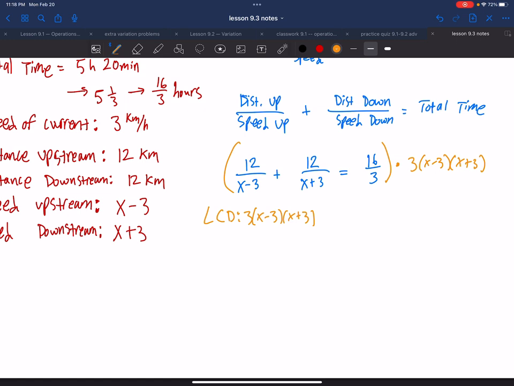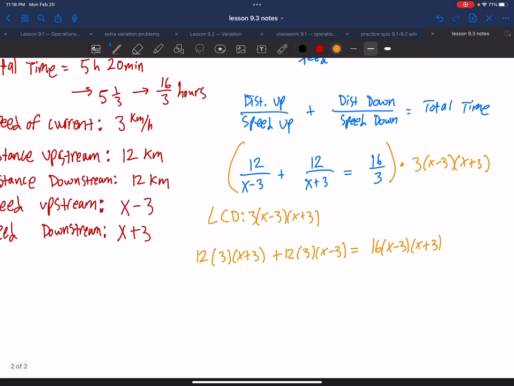But that's going to end up being 12 times 3 times x plus 3, plus 12 times 3 times x minus 3, equals 16 times x minus 3 times x plus 3. Okay. Now, I'm going to do some fun algebra here.